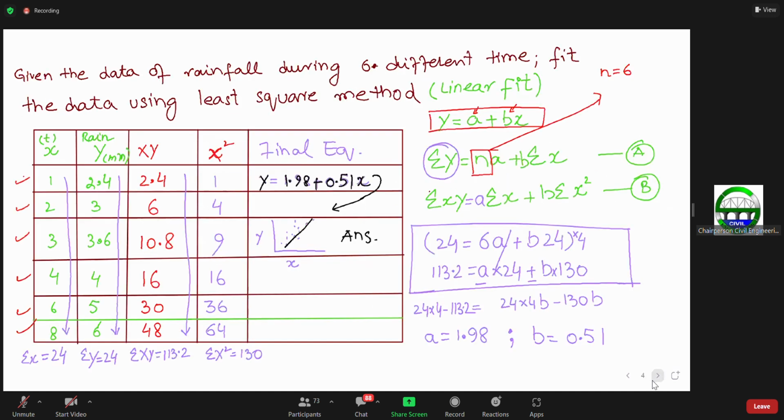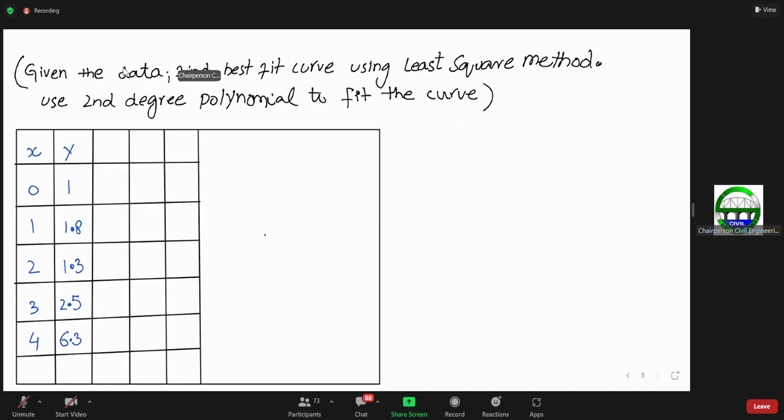Okay, let me write it. The formula is y is equals to a plus bx plus cx squared. This is the second degree polynomial, right?